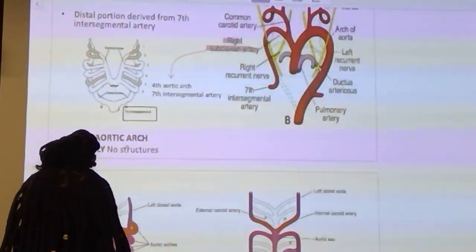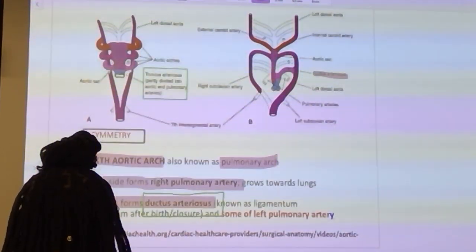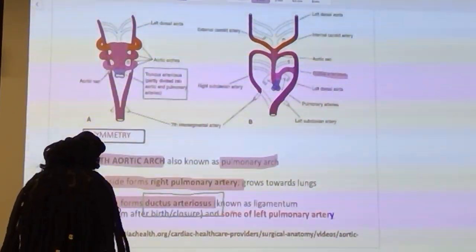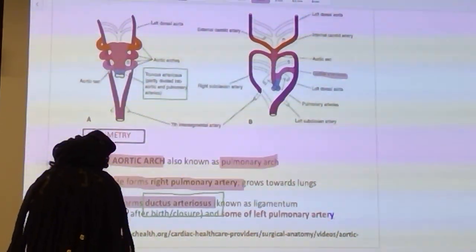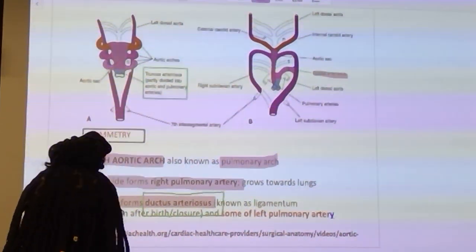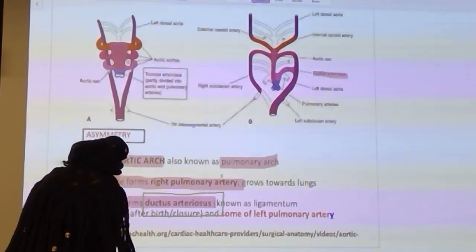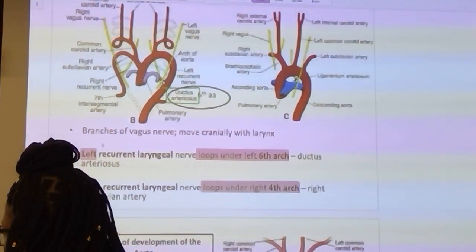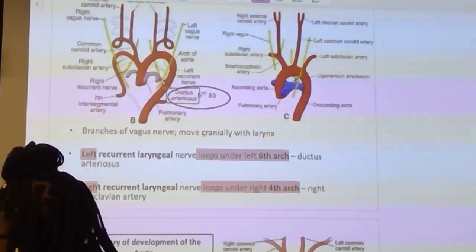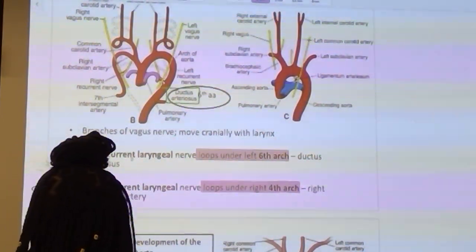Fifth arch does not make anything. Sixth arch makes your pulmonary artery, and the left sixth arch makes your ductus arteriosus, and this is where your left recurrent laryngeal nerve loops under. So make sure you know which arch loops for each laryngeal nerve.